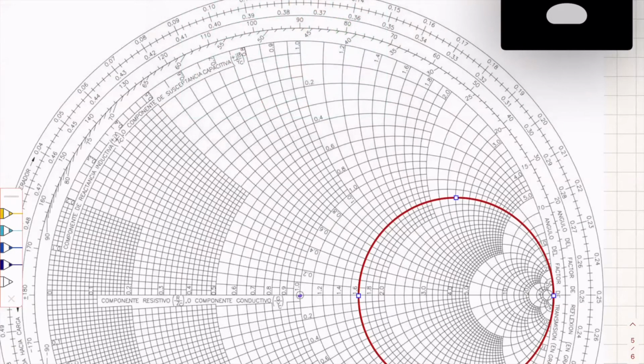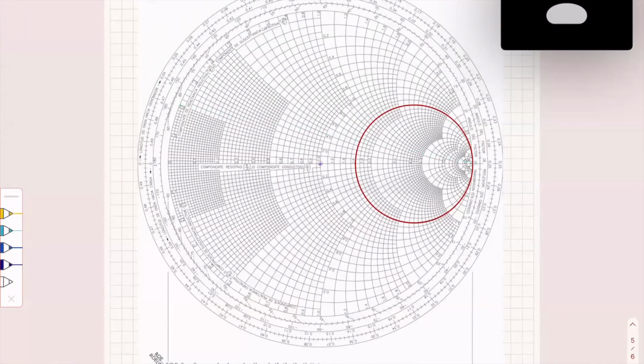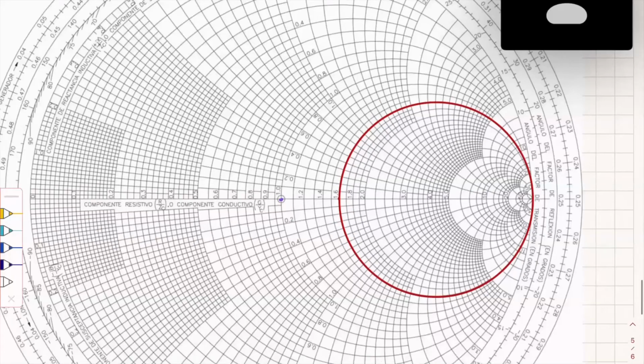It's on the positive, upper part of the Smith chart.